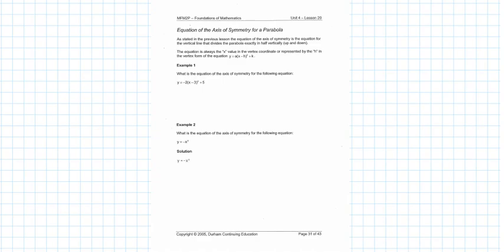Okay, so tell me what you guys remember from Friday with respect to the vertex and the axis of symmetry. What part of the vertex was the axis of symmetry? Remember, you said something, and then I'm just going to graph something here for you, okay?